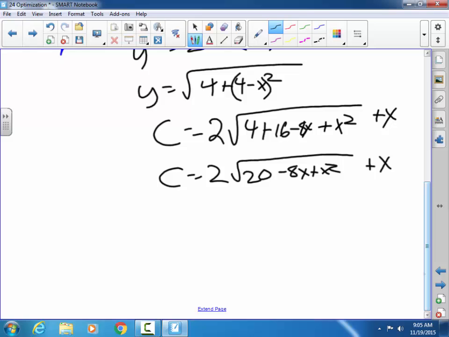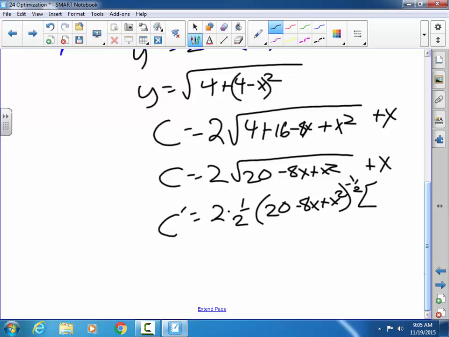Can you get that in squares? It's got to be a positive 20. So we need to take the derivative now, don't we? So our derivative is 2 times 1/2 times this mess to the negative 1/2, times negative 8 plus 2x, because I took the derivative of the inside.